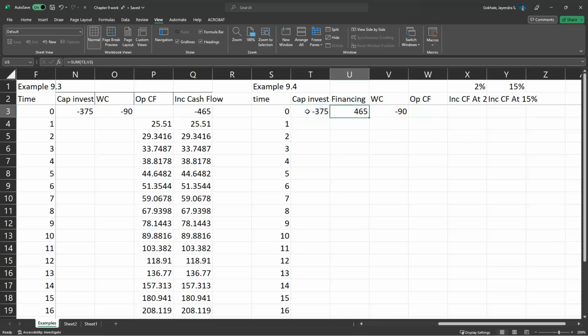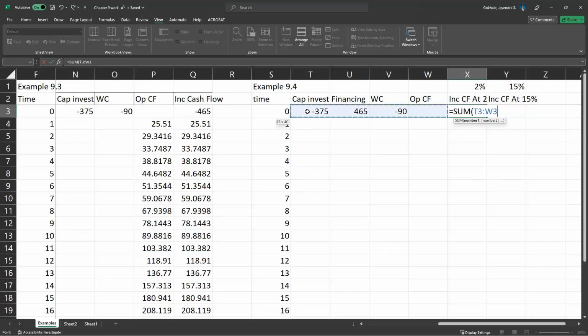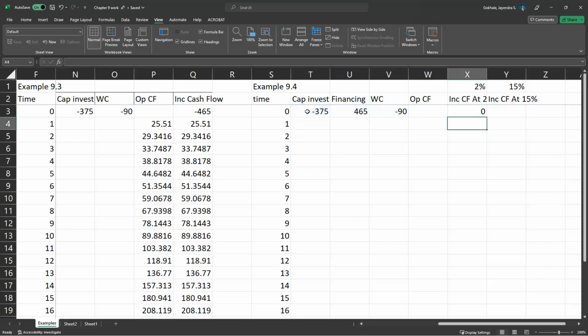In other words, we finance the entirety of the capital investment and the working capital cash flows with the help of financing. So this is going to be $T$3 colon $W$3. And so that is our incremental cash flow. These are all incremental cash flows, but now we have taken a loan.